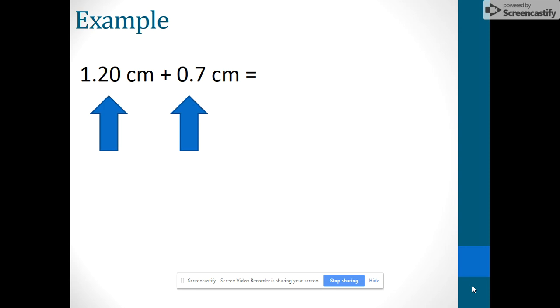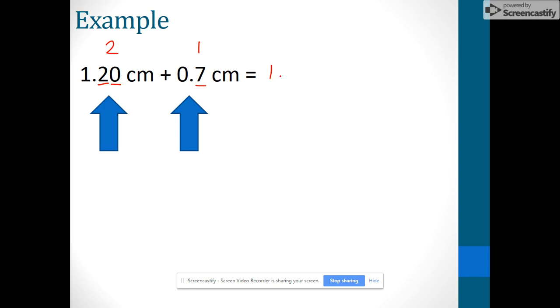If we have 1.20 centimeters plus 0.7 centimeters, 1.20 has two numbers after the decimal, 2 and 0, and 0.7 has one number after the decimal point. That means that we are going to carry out our operation 1.20 plus 0.7.